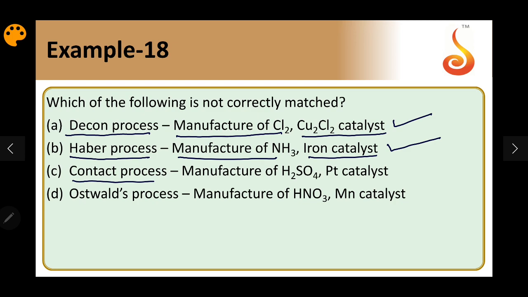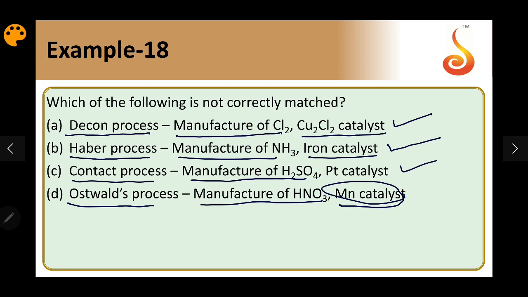Contact process, manufacture of H2SO4, platinum or vanadium pentoxide is used as a catalyst. And Ostwald process, manufacture of HNO3, but the catalyst is wrong. The catalyst is platinum-rhodium gauze, or even I can use V2O5. Manganese cannot be used as a catalyst. So option D is the answer.